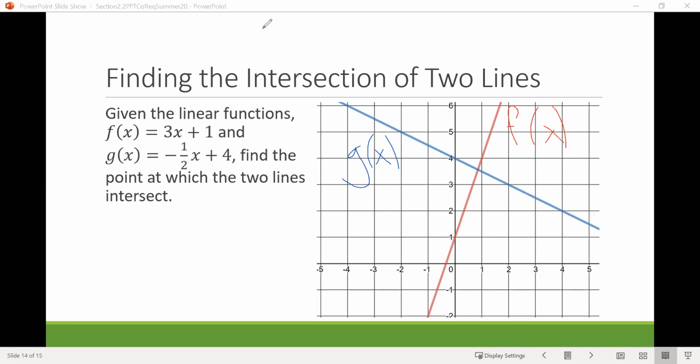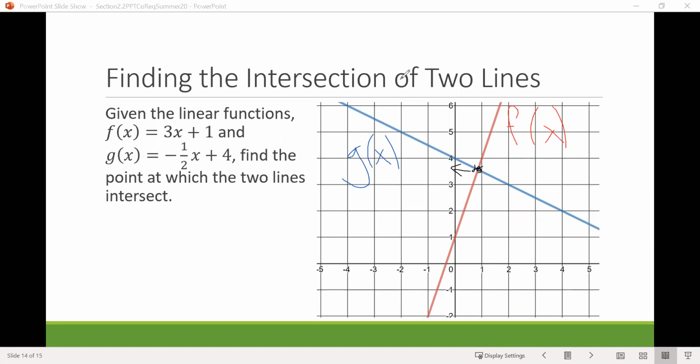And how might we do that? Well, first of all, notice that at this point where the two lines intersect, they have the same output value. I know they also have the same input value, but in this case I'm focused on the fact that the output values are the same.